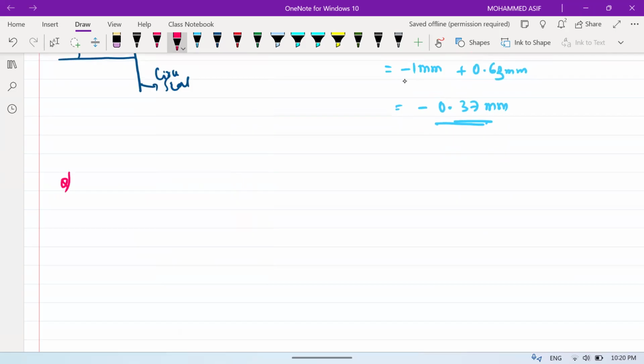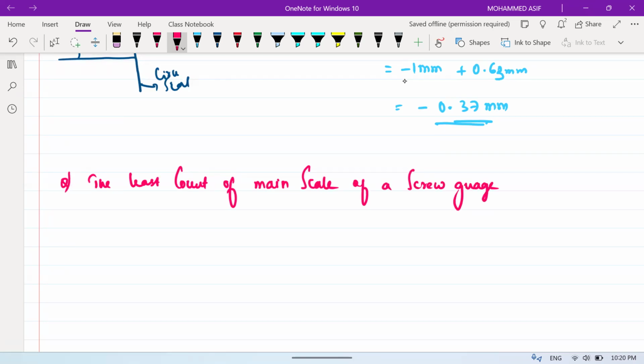The least count of the main scale of a screw gauge is 1 mm.